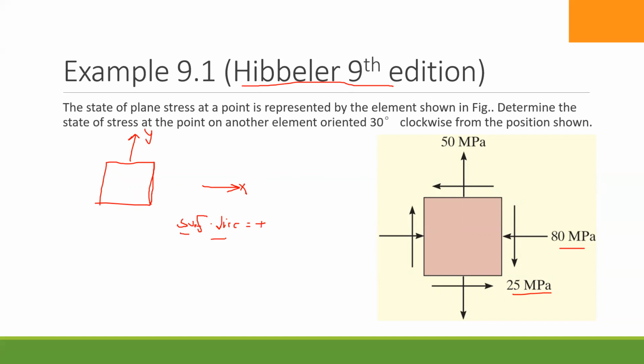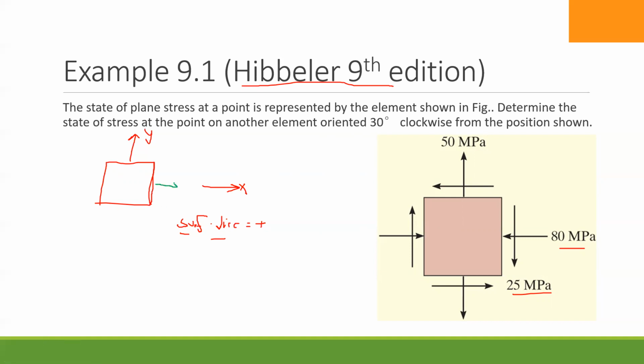If the surface direction is negative and the stress direction is negative, the value is also positive. Let's start with normal stress, and I'll use a different color, for example green.